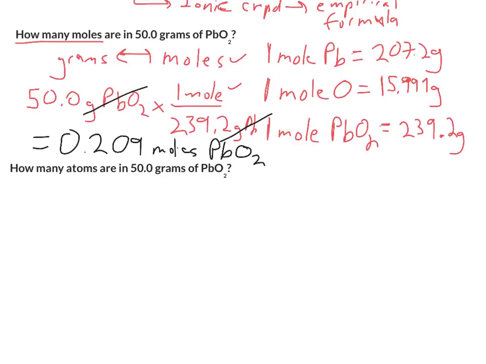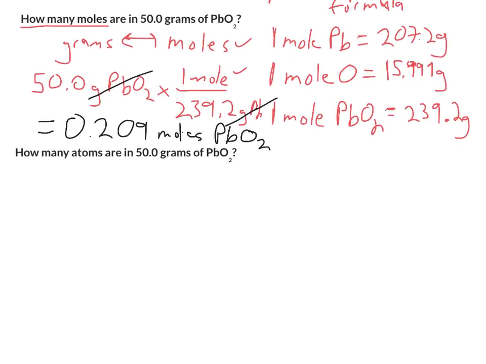The next question. How many atoms are in 50 grams of lead oxide, lead-4 oxide? Okay, so the question has changed. So atoms. This question's a little trickier than first appearance. We know we're going to atoms in PbO2.